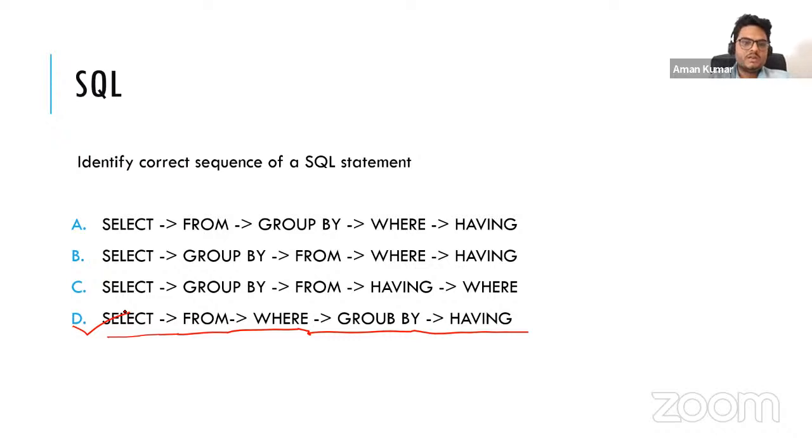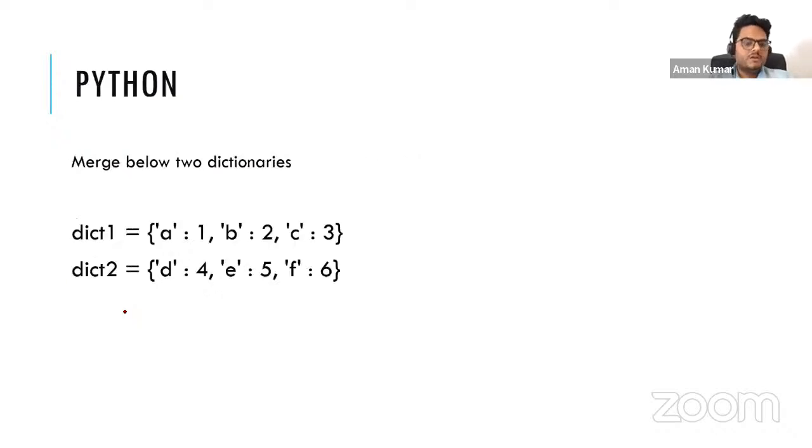Okay. Let's go to the next one. So can you give me a logic or can you give me a code to merge these two dictionaries and make it a single dictionary? I want to merge these two dictionaries and I want to have a big dict. How to create that big dict?